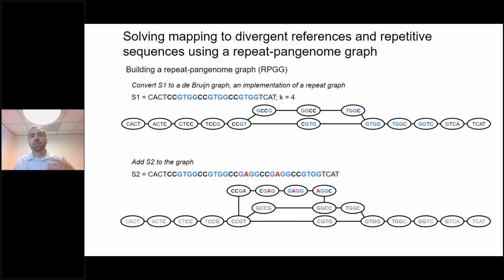And if we want to make this a pan-genome graph and we add additional sequences, this simply corresponds to adding extra vertices and edges in the graph that add additional cycles for read analysis.